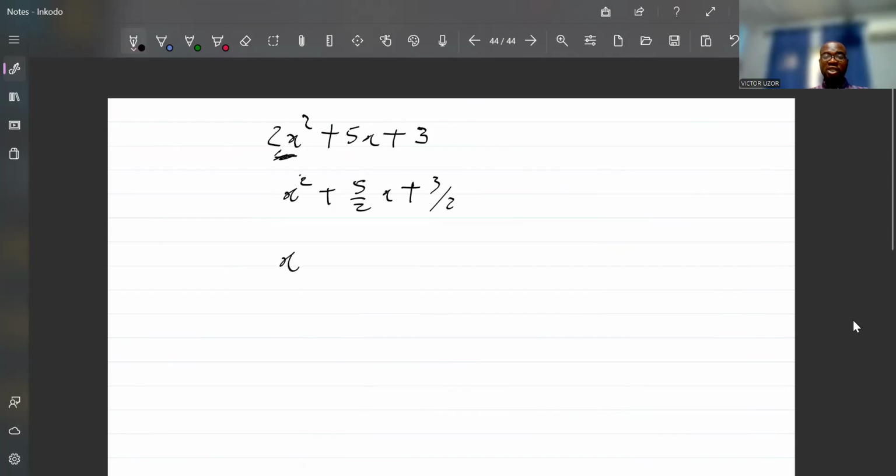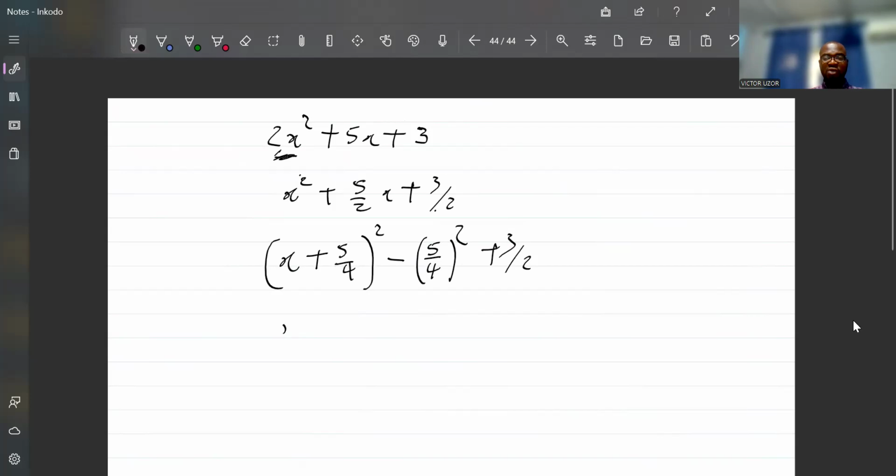I will now have x. Half of 5 over 2 will be 5 over 4. I'll put 5 over 4 and square it, and then I will subtract it. So if I have 5 over 4 squared, then I'll still put my number, this is plus 3 over 2.